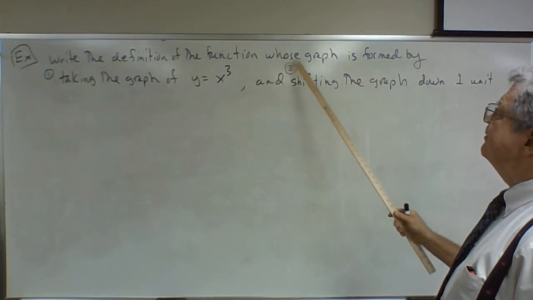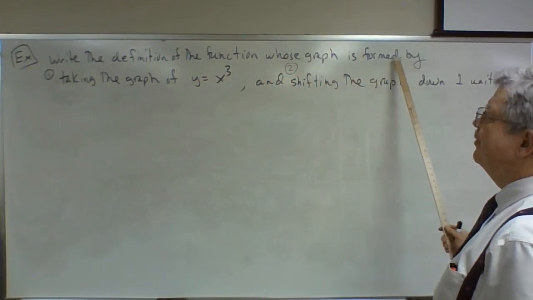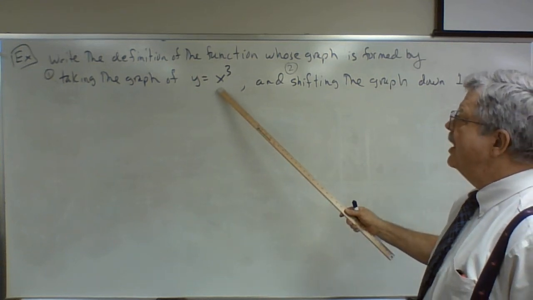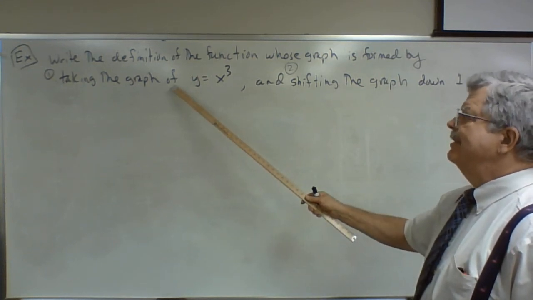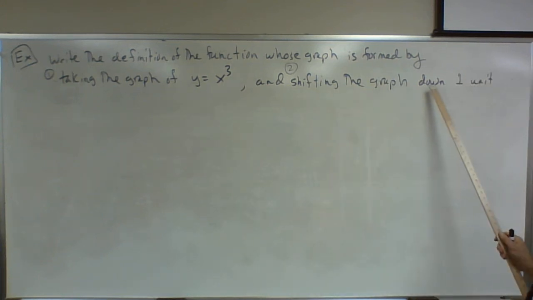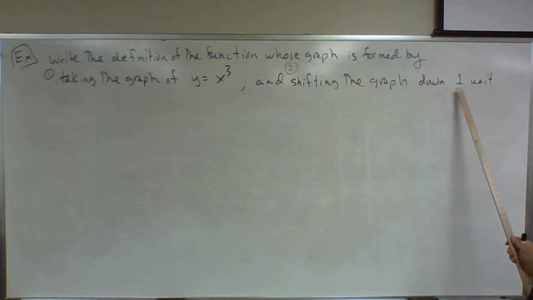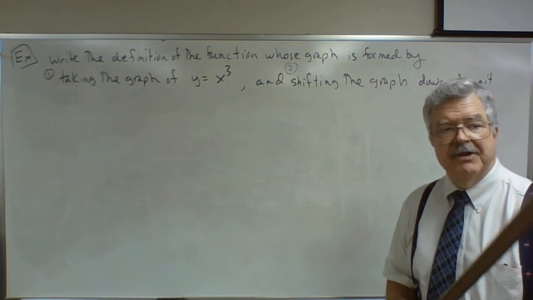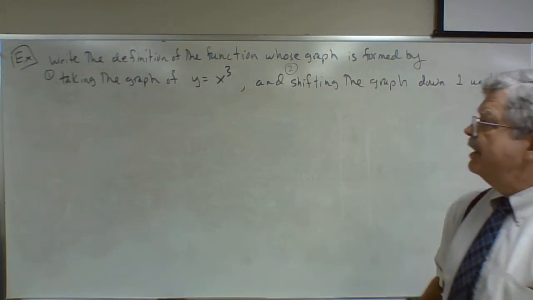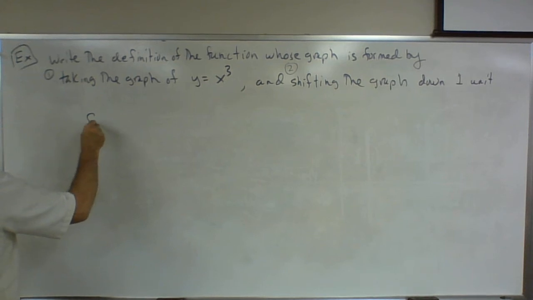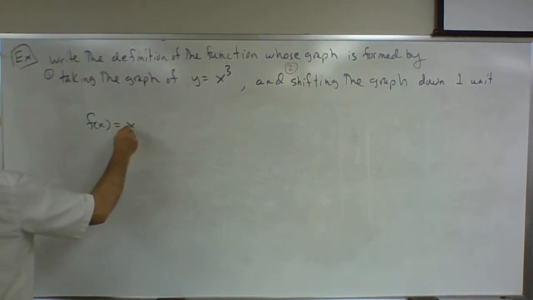Write the definition of the function whose graph is formed by 1, taking the graph of y equals x cubed, and shifting the graph down 1 unit. Down, that's a vertical shift. So we go with our basic repertoire function, f of x equals x cubed.